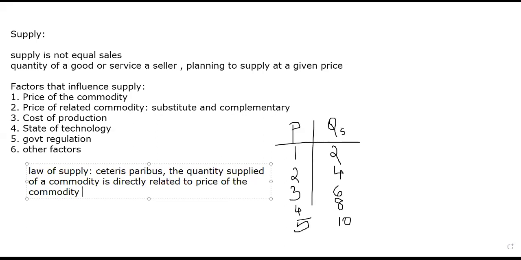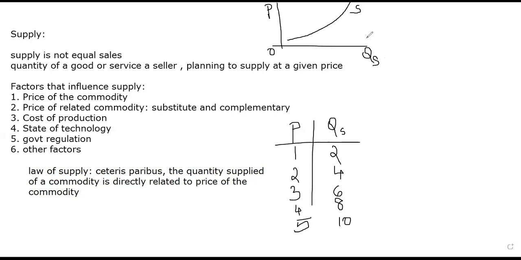When you are planning to graphically draw the table, you have the x-axis detailing the quantity supplied and the y-axis detailing the price, and your supply curve is an upward sloping curve. I told you demand is opposite to supply. Demand was a downward sloping curve and supply is now an upward sloping curve.